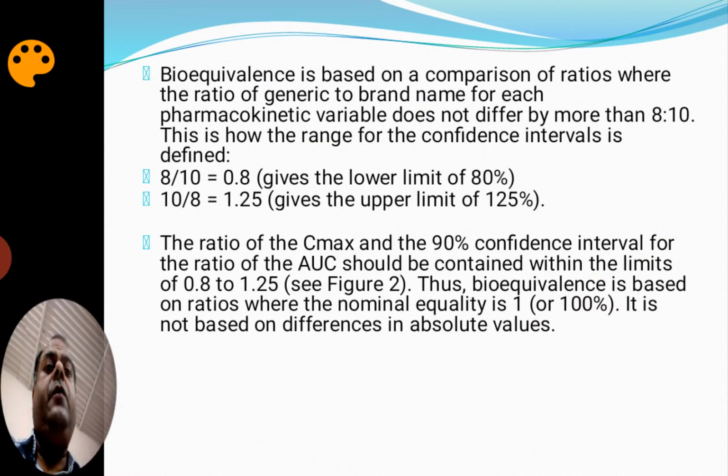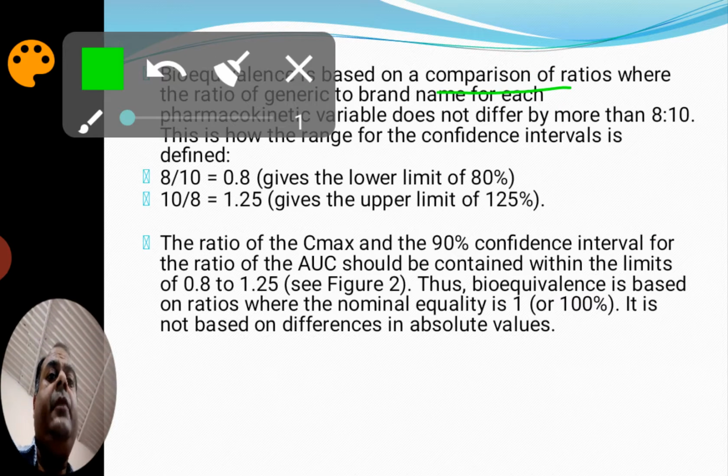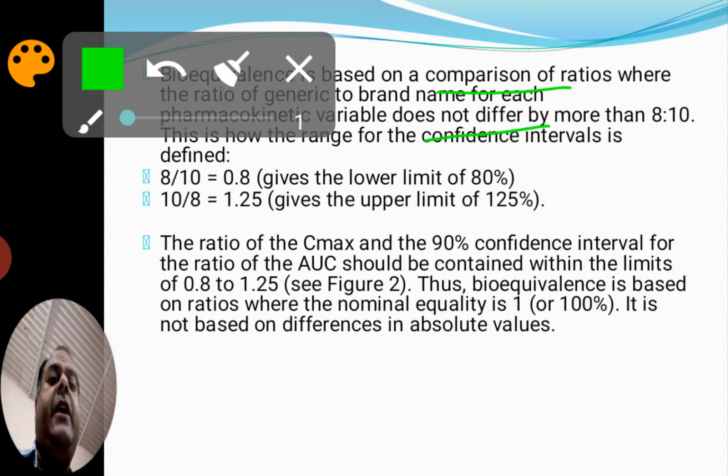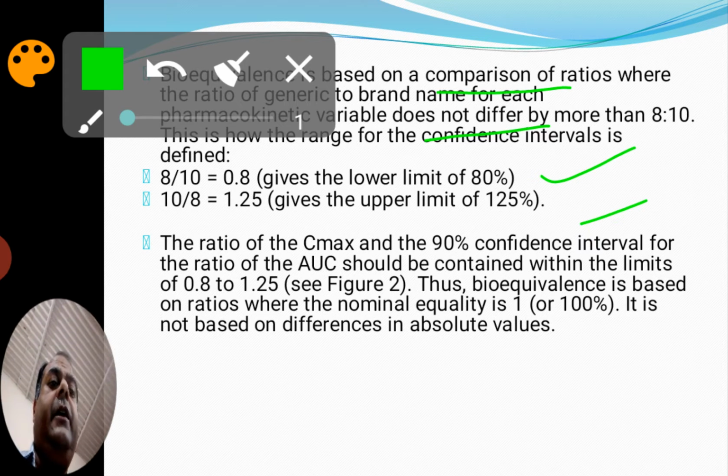Now bioequivalence is based on the comparison of a ratio, where the ratio of the generic to the innovator drug product for each pharmacokinetic variable does not differ by more than 8:10. This is how the range of the confidence interval is defined, that is 8 divided by 10 is equal to 0.8. So when the ratio is 0.8, it gives the lower limit of 80%, and when it is 10 by 8, that is 1.25, it gives the upper limit of 125%.